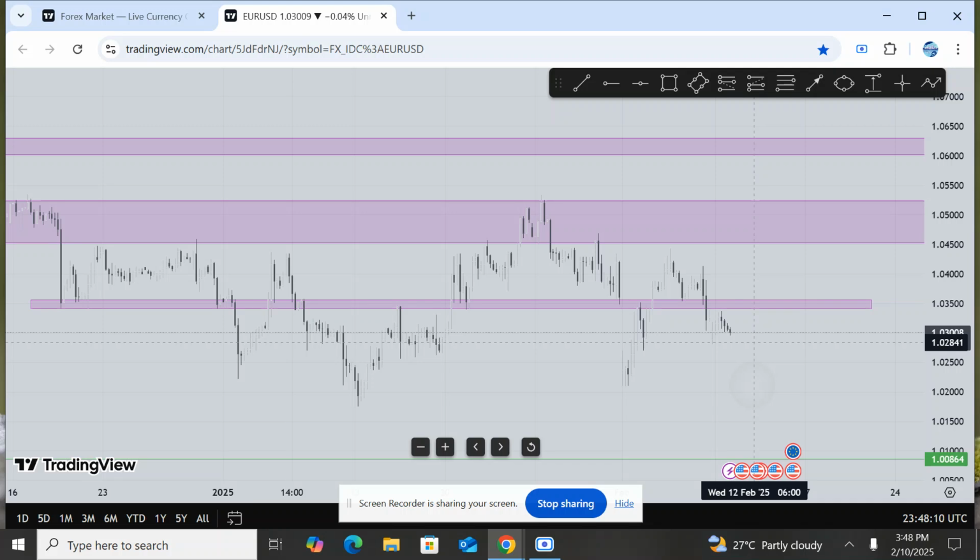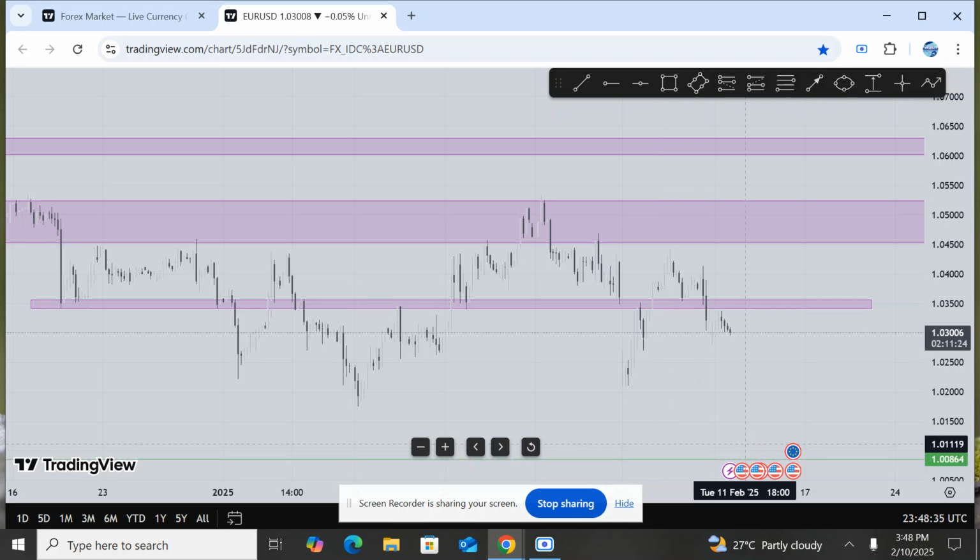This should be our first level target. Then from there we'll take it down to 1.00864. So that is what we'll be anticipating for Euro USD at the moment.